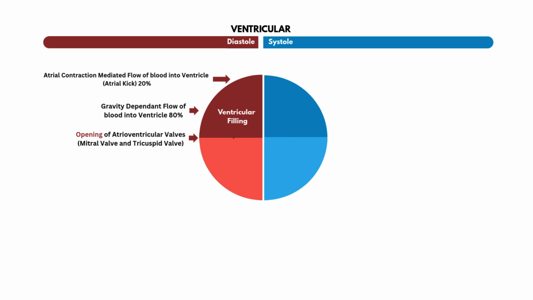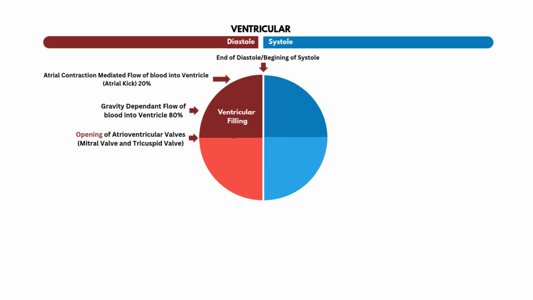As a clinical side note, patients with atrial fibrillation lose this kick, which can lead to heart failure symptoms over time. At the very end of diastole, we measure the end diastolic volume. This is the maximum amount of blood the ventricle holds just before systole begins, which is the squeezing phase.